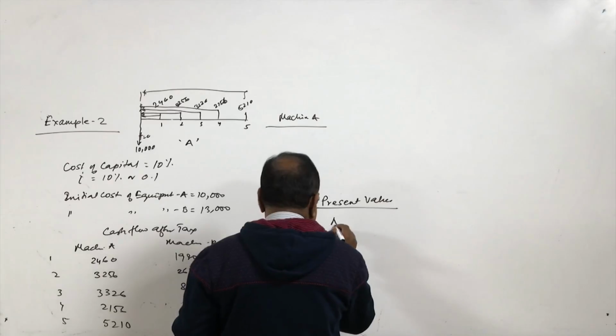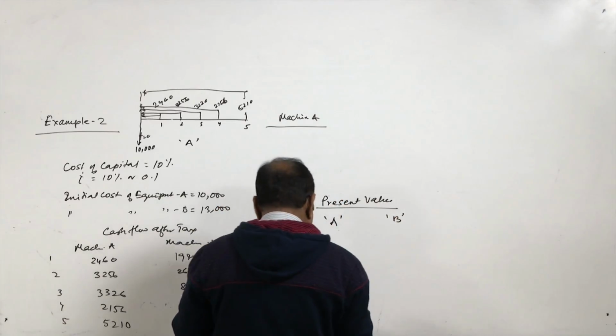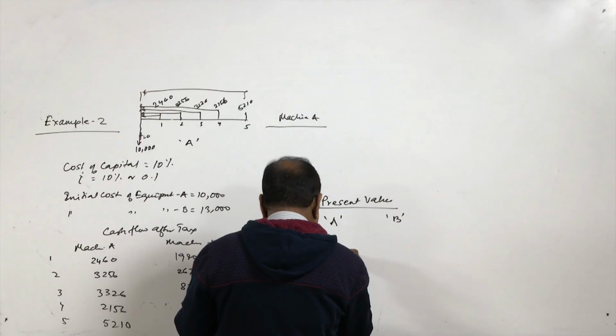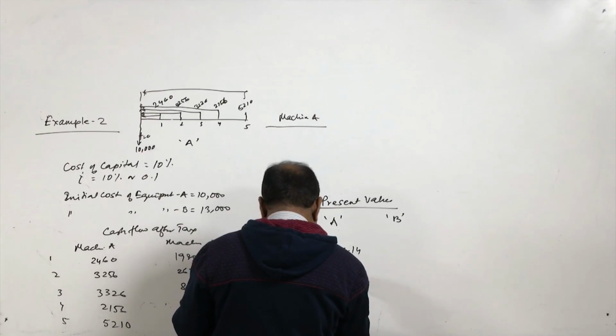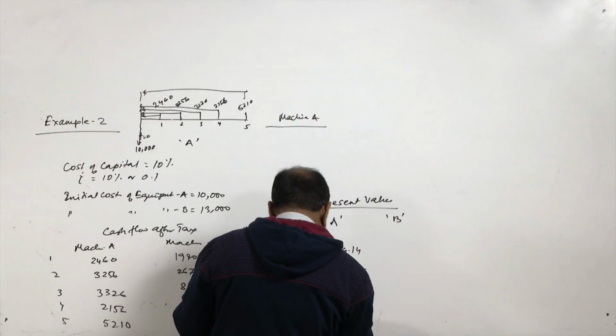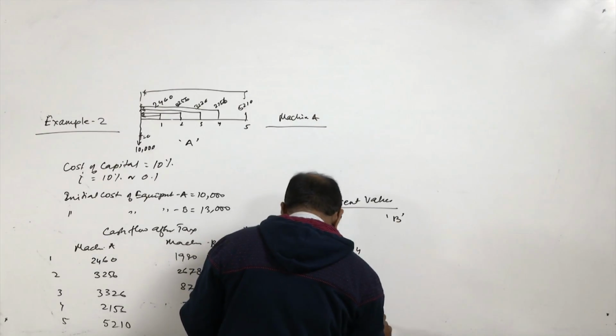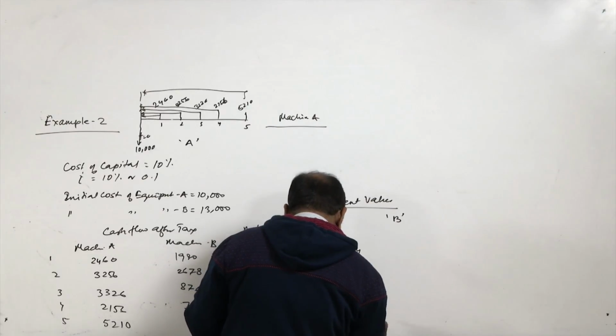This is machine A, this is machine B. For machine A, I get present values 2236.14, 2689.456, 2497.826, 1472.548, and 3235.41, and if I do the summation, this is 12131.38.